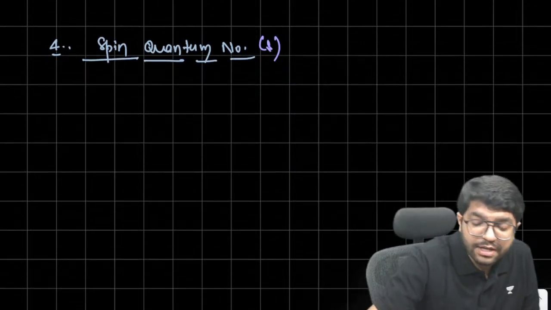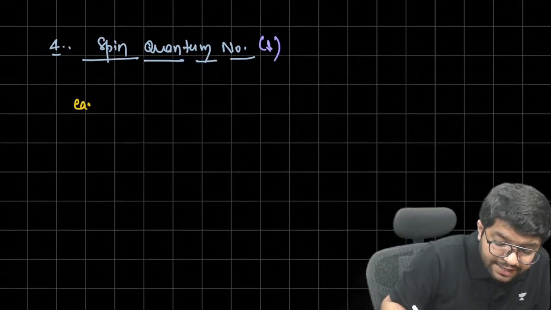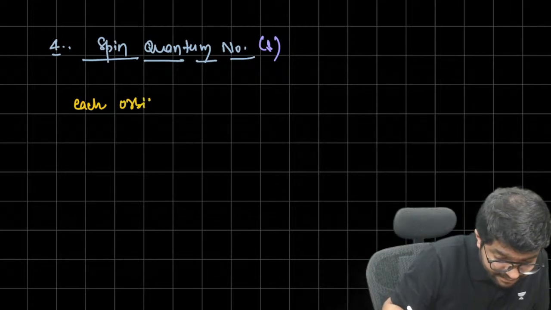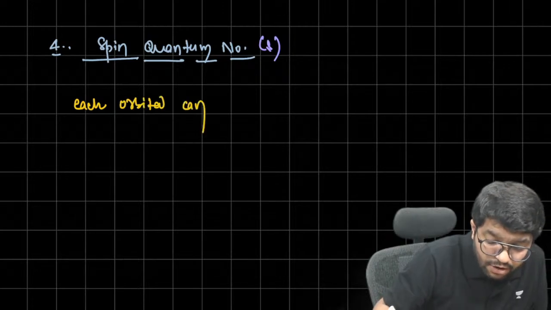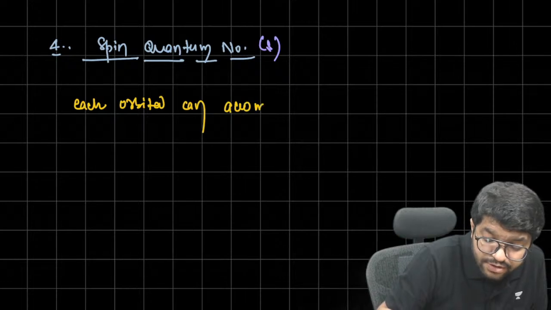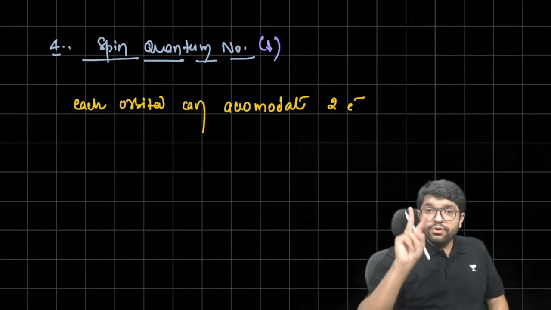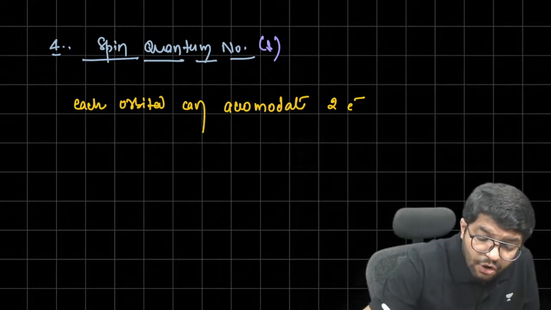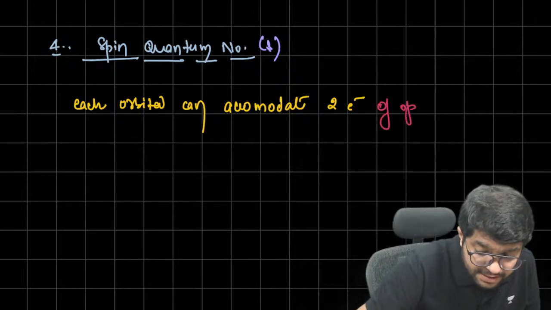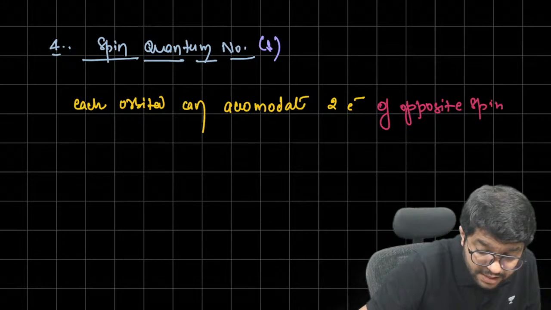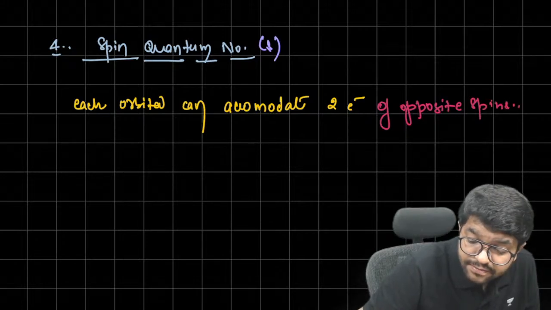My spin quantum number says that each orbital can accommodate a total of two electrons of opposite spins.